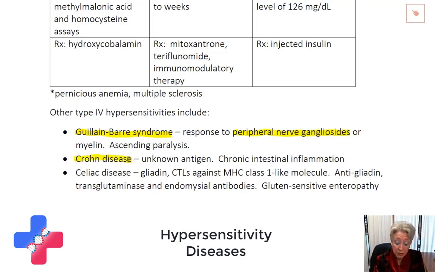In Crohn's disease, we're not certain. In celiac disease, it appears to be gliadin, and the cytotoxic T cells are actually responding to an MHC class 1-like molecule that starts off the problem with the molecular mimicry.